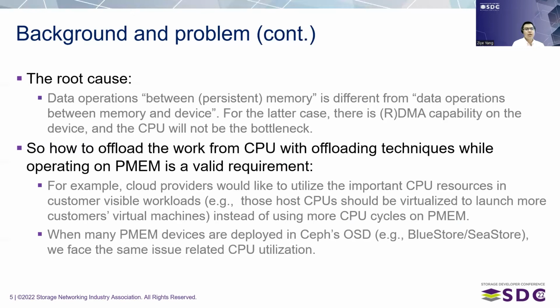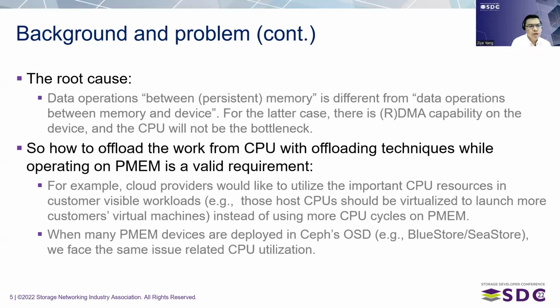But when we use CPUs to conduct the operations between memory and the persistent memory, especially since persistent memory has the persistency features, then a lot of CPU resources are used on such operations.